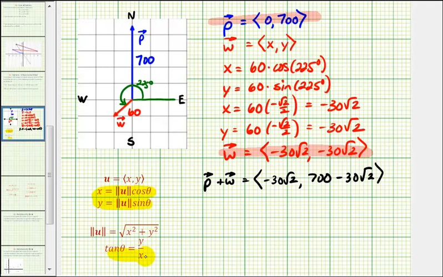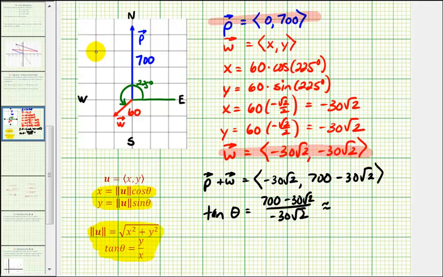So now we'll use these two formulas to answer our question. Let's start with finding our direction, angle theta. So tangent theta is going to be equal to y divided by x, or 700 minus 30 square root 2 divided by negative 30 square root 2. But before we do this, it's important to recognize that if we were to add these two vectors together, notice how the resultant vector, or the sum of the two vectors, would be in the second quadrant.